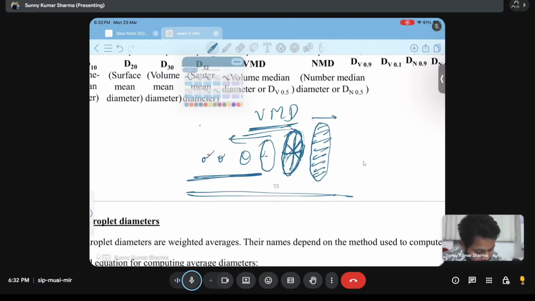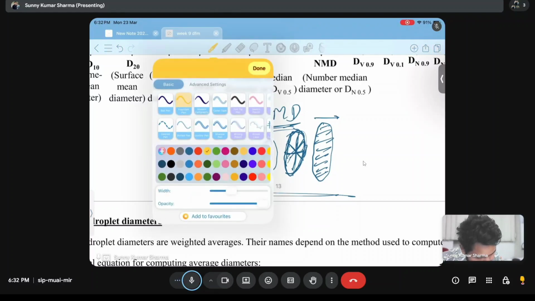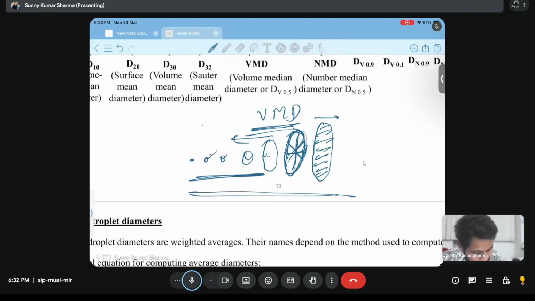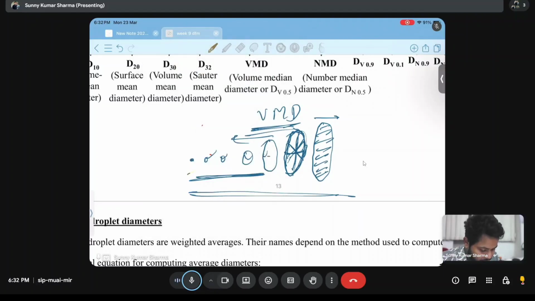Okay, if I explain NMD, that will become more clear. Now what you can see here is that we have 1, 2, 3, 4, 5, 6, 7 droplets.